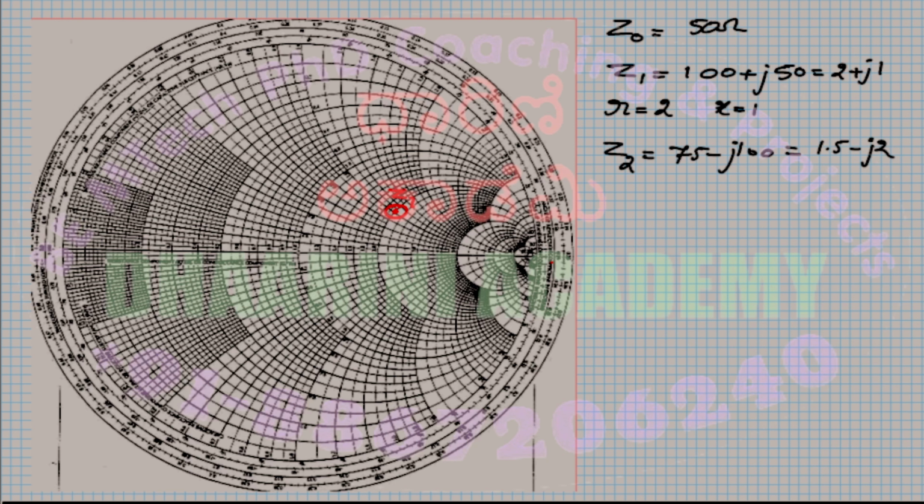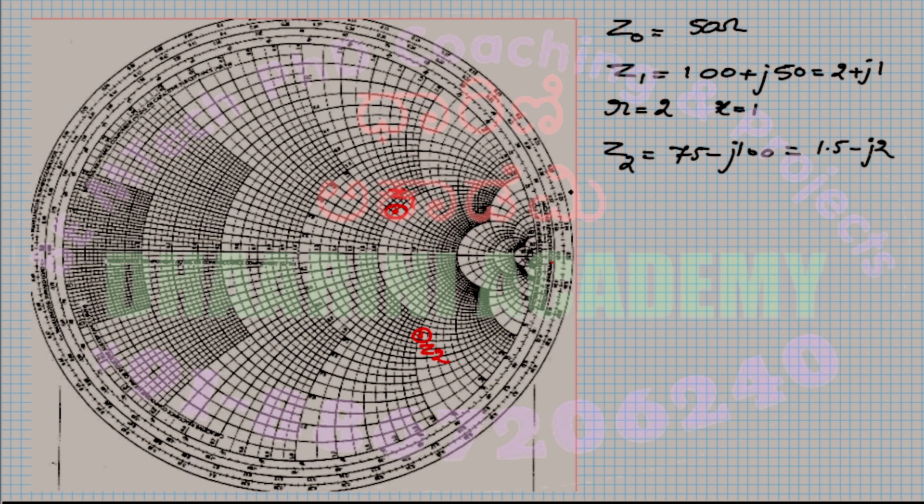So this is the circle minus J2, and 1.5 is this. The intersection happens here. That is the point which I'm supposed to mark now. This is the point I'm going to mark as Z2. Okay, right. Let's move further.